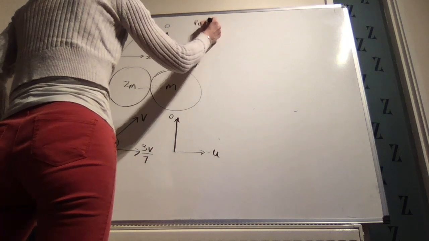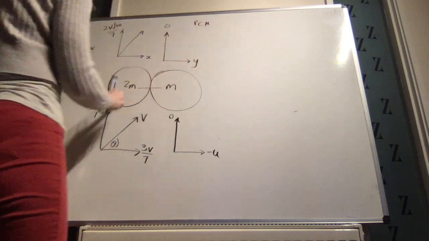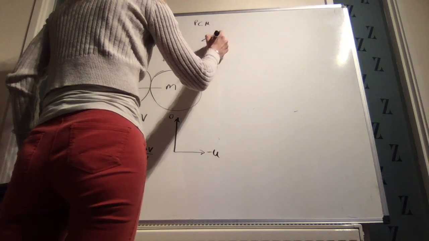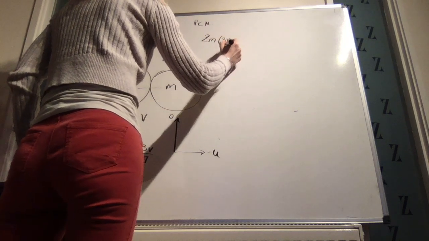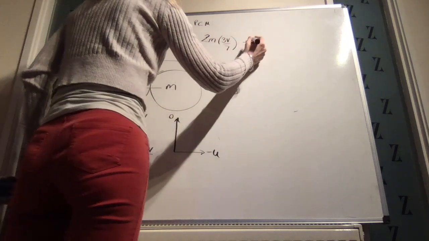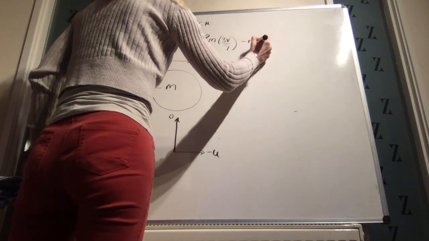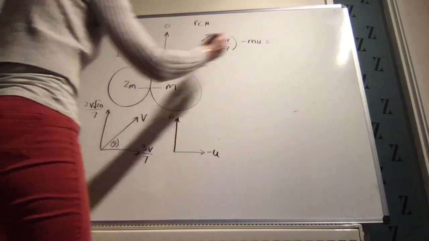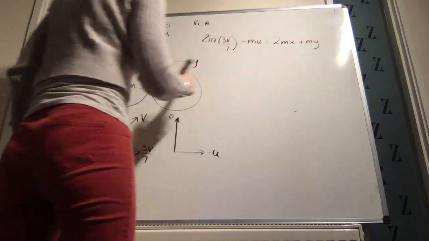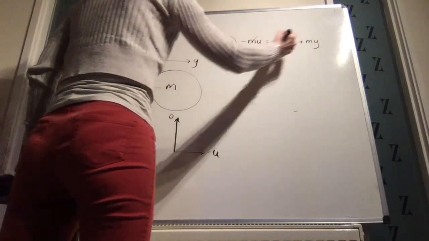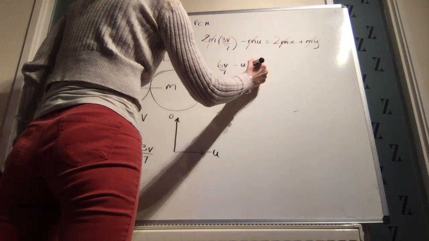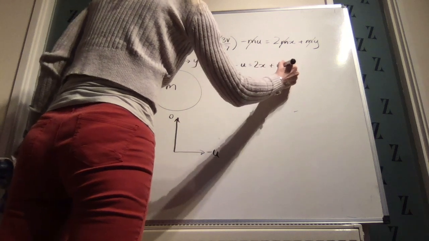So the principle of conservation of momentum: 2m times 3v over 7, plus, this is the momentum before, m times minus u, which becomes minus mu, is equal to the momentum afterwards, which is 2m times x plus m times y. Your m's divide out, and we get 6v over 7 minus u is equal to 2x plus y.